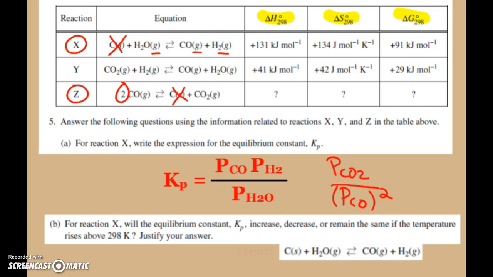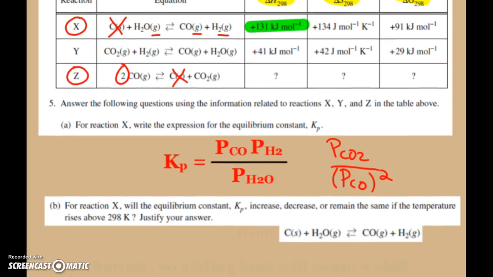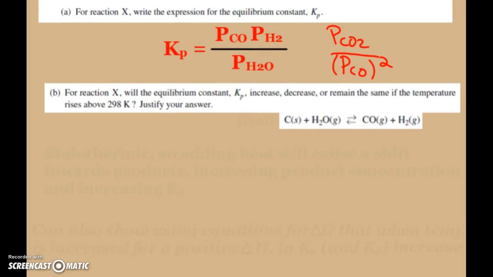All right. Also for reaction X, will the equilibrium constant increase, decrease, or remain the same if the temperature goes up? So if we add heat to this reaction, well, delta H is positive 131 kilojoules per mole. That means we have an endothermic reaction.